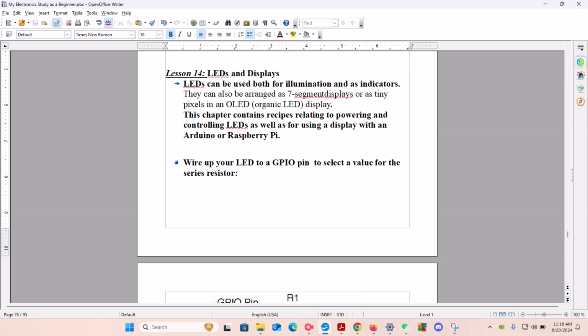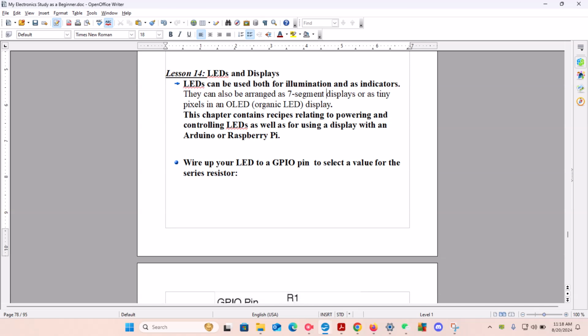Now, LEDs can be used for both illumination and as indicators. They can be arranged as 7-segment displays, or as tiny pixels on an OLED, that is an organic LED display.